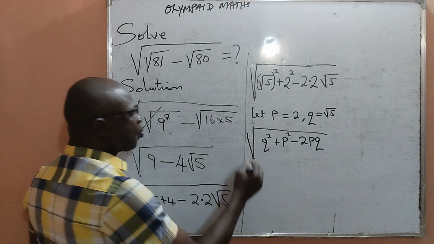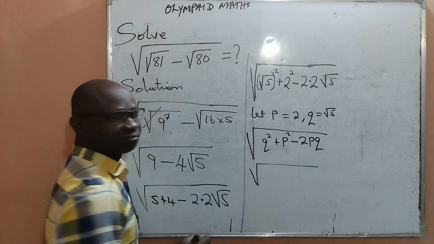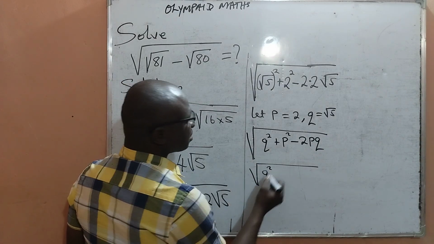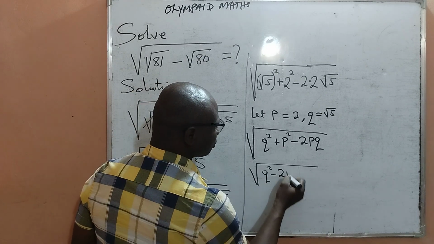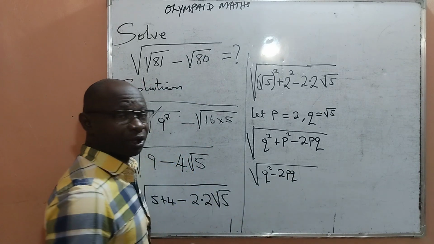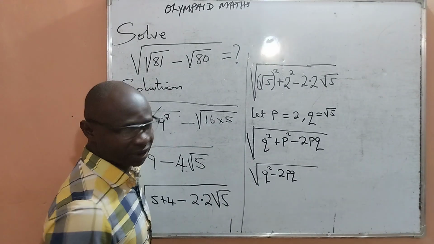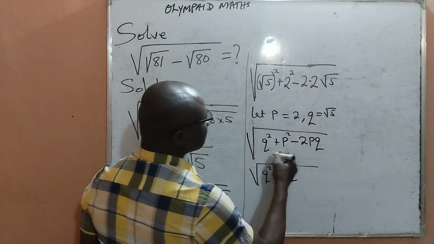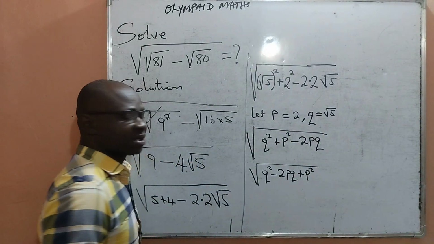Now, what this means is that it can be written as Q squared minus 2PQ, or 2QP, because multiplication is commutative. Then plus P squared. Alright.